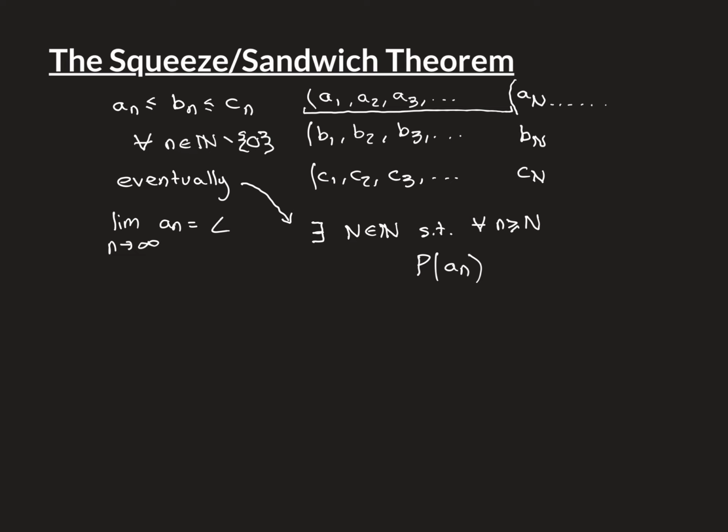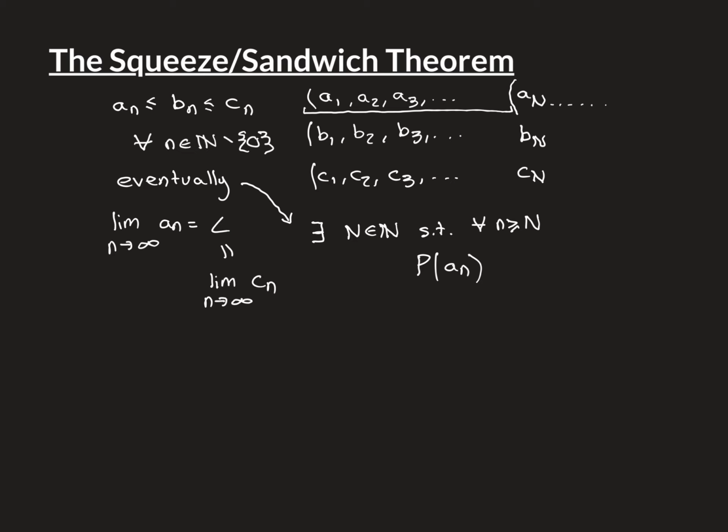So let's now get on to the actual squeeze theorem then. So this is going to be true then, this inequality, and the important thing is that these two sequences, A and C, we're going to know what their limits are, and they're going to equal one another. So this limit L is also going to be the limit of the sequence Cn as n goes to infinity.